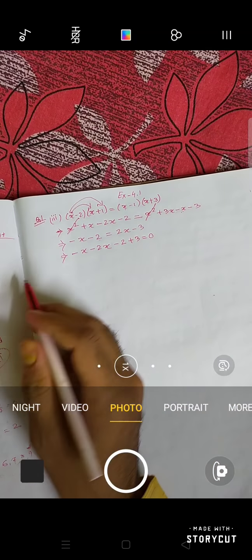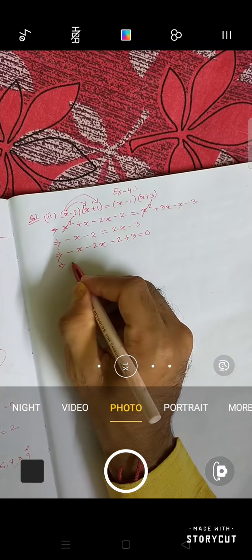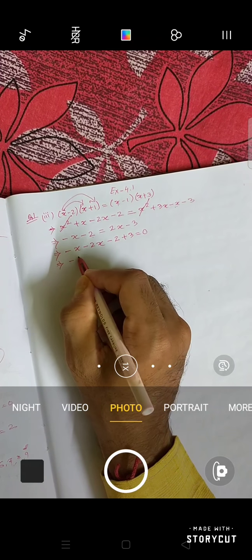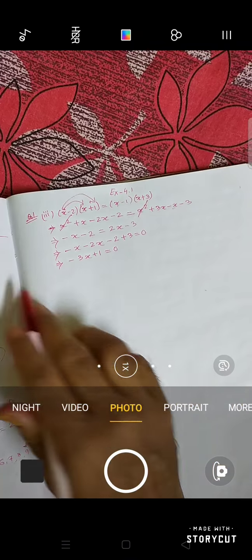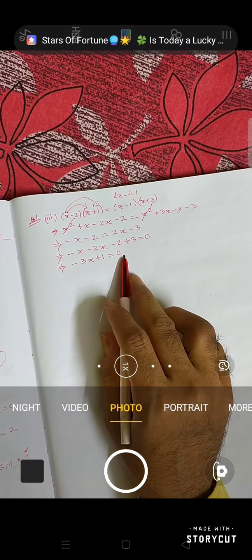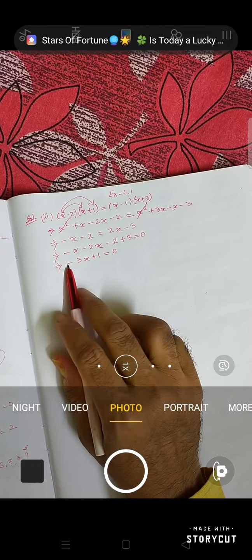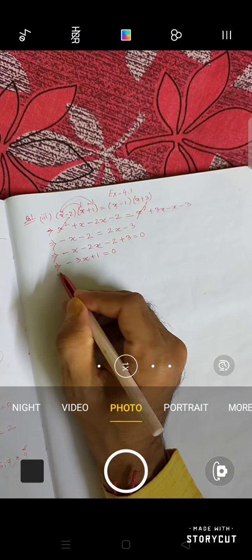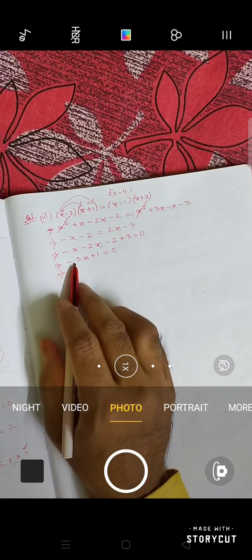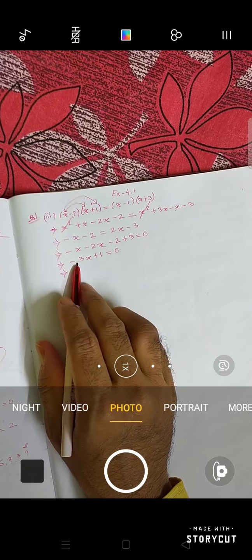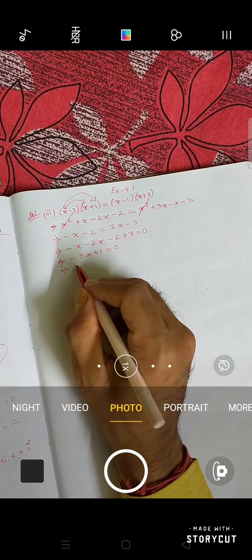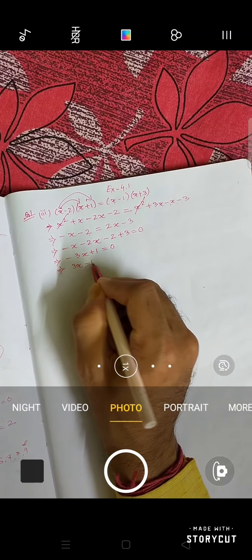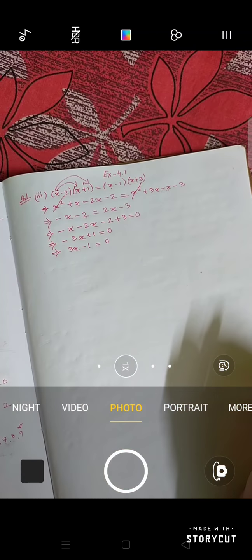Now this will be minus 3x plus 1 equals to 0. If you want, you can multiply by minus, it's up to you. The first number with a minus doesn't look good, so we will multiply each and every term by minus. So we'll have 3x minus 1 equals to 0. Is it clear?